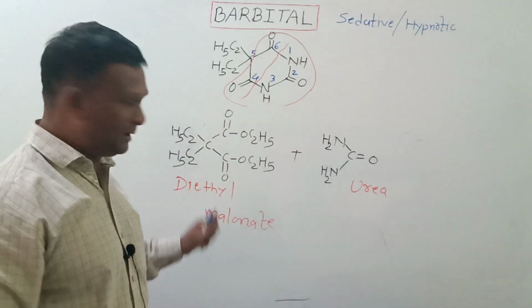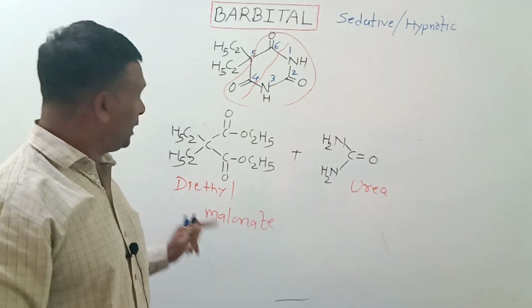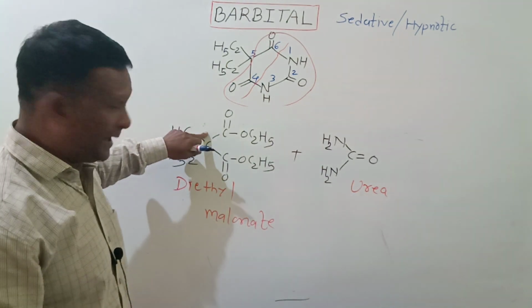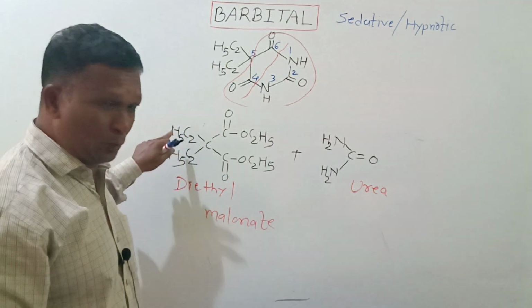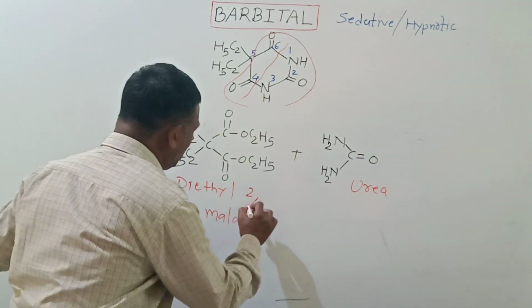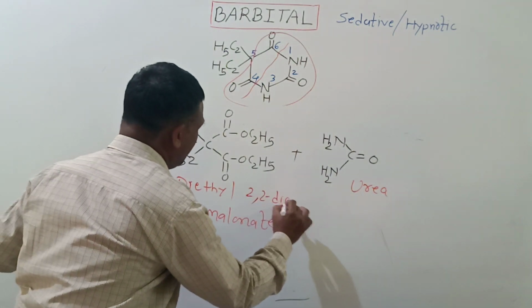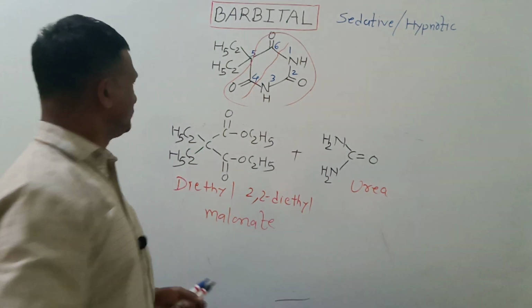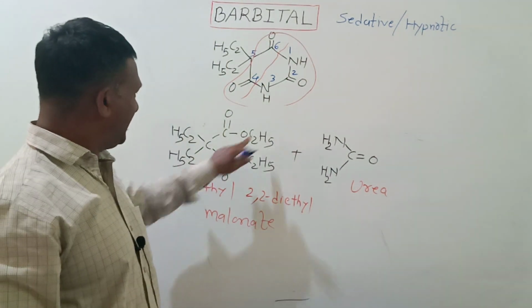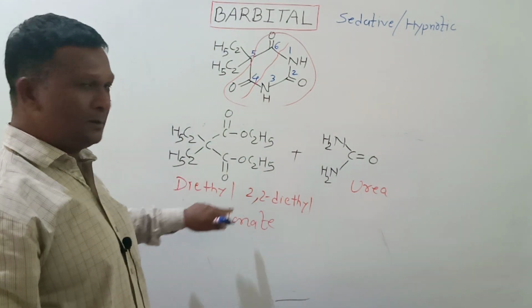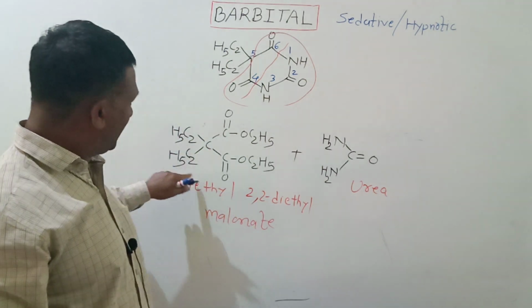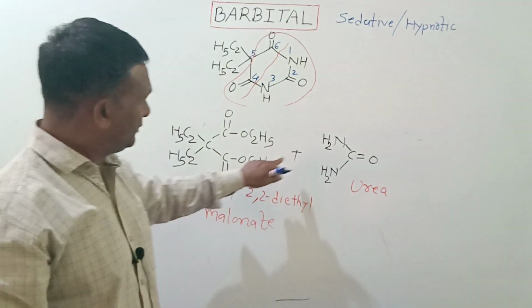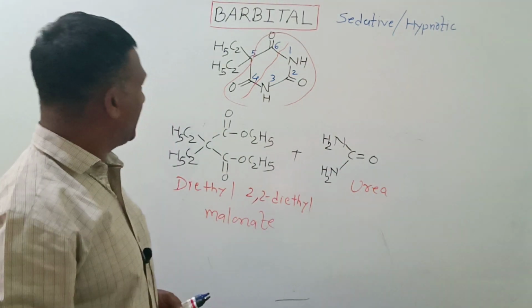So we will write it diethyl malonate. But on this second carbon, there are these two ethyl groups. So this malonate is called 2,2-diethyl. So our starting material is diethyl 2,2-diethyl malonate, which has to be reacted with urea.